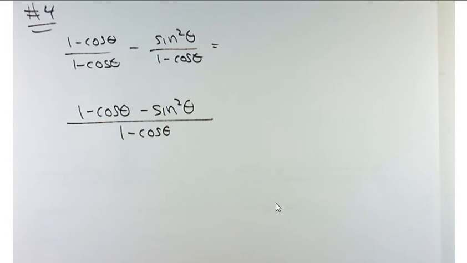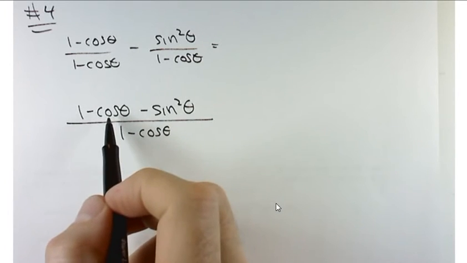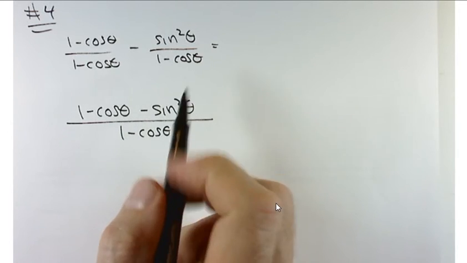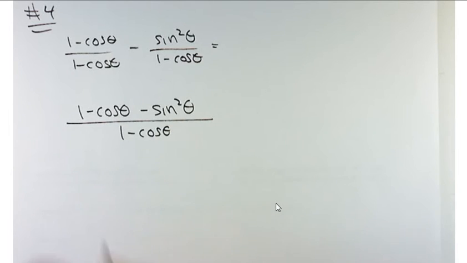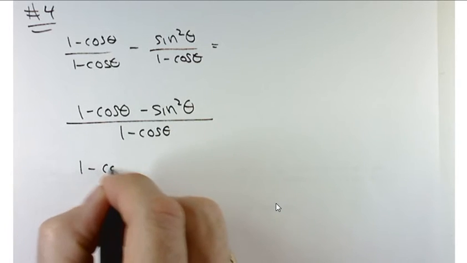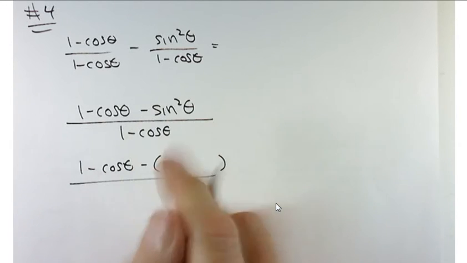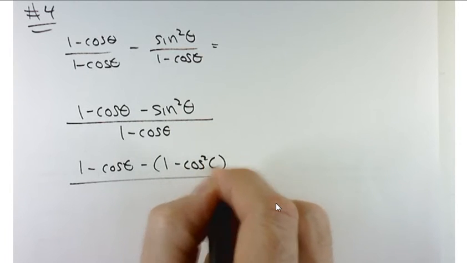All right, because we have something to replace it with. Also, this is in terms of cosine. So if I get rid of the sine squared theta, at least I'll have everything in terms of cosine of theta. And that seems to make sense, that I'll have everything in the same kind of units in some sense. So I'll replace that with the Pythagorean theorem. 1 minus cosine squared of theta.